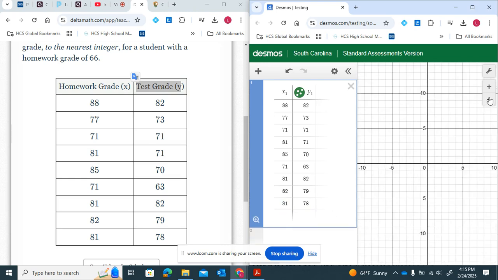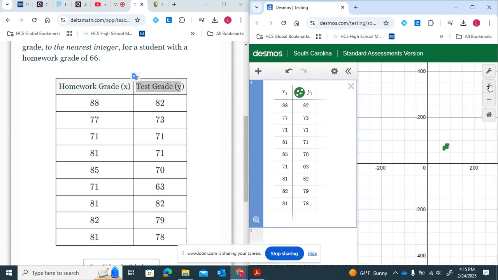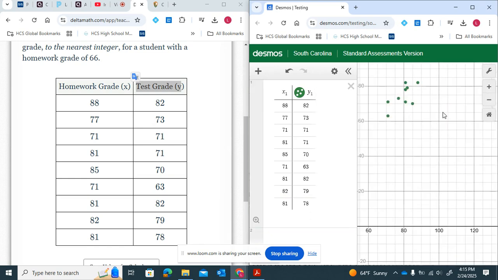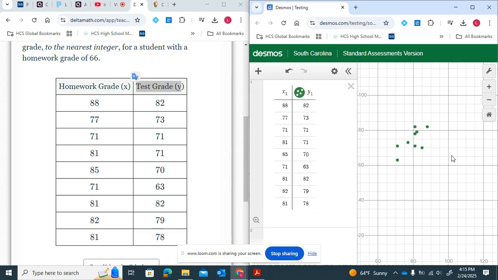I could hit the home button, I could zoom out, and you could see it's a positive correlation, which totally makes sense because what this is saying is as X increases, Y increases. As your homework grade is better, your test grade should be better, right?